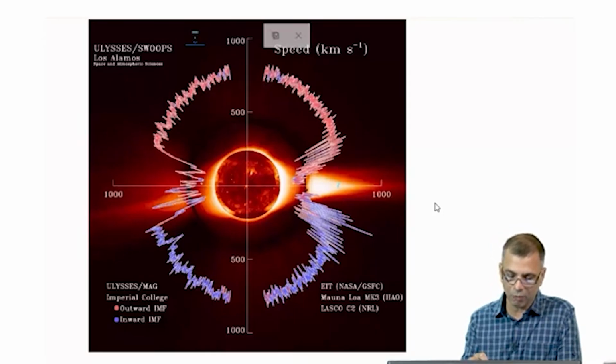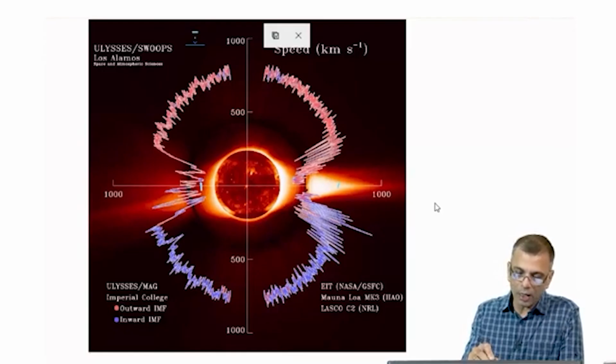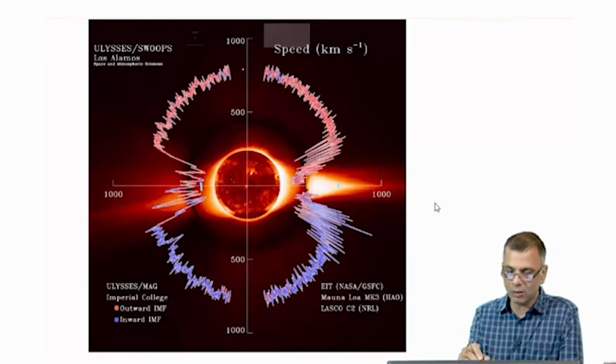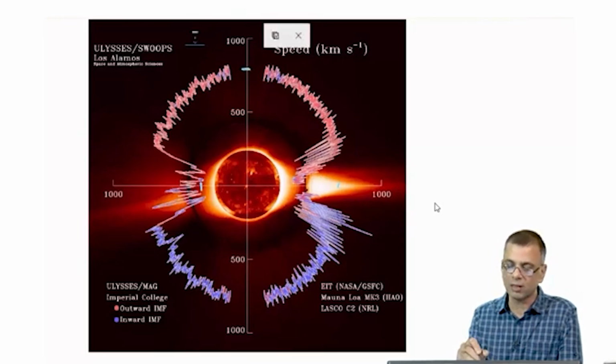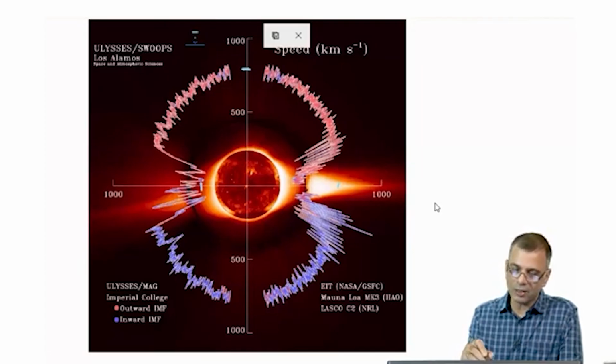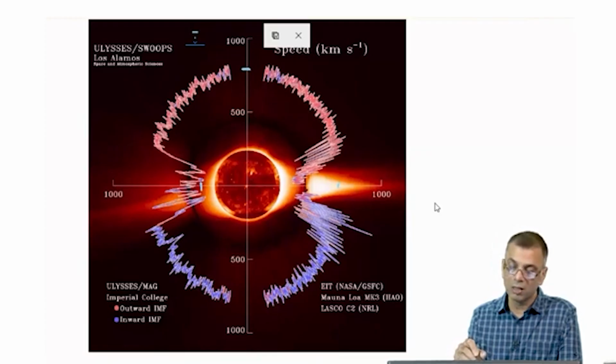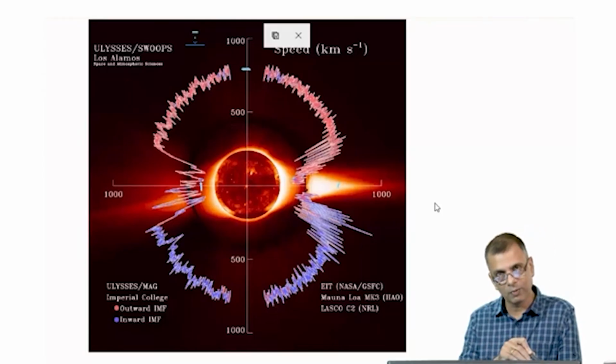However, around the poles you see 1000 is here, and so this would be something like 800 or 900. Right exactly at the pole data is missing, but around the poles the solar wind velocity is much higher. It's around 800 to 900 kilometers per second, whereas around the equator the solar wind velocity is lower.